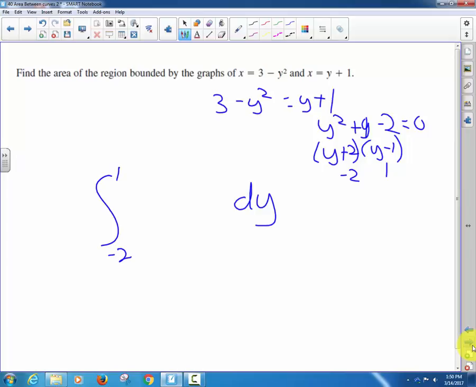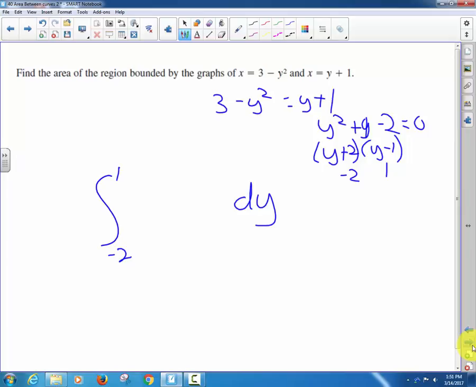Now the question is, which one's on top? Is 3 minus y squared, or is y plus 1 on top? Probably 3 minus y squared, okay? That would be my guess. What I would do, and if you want to draw a graph, that's great, but I would pick a number between here.